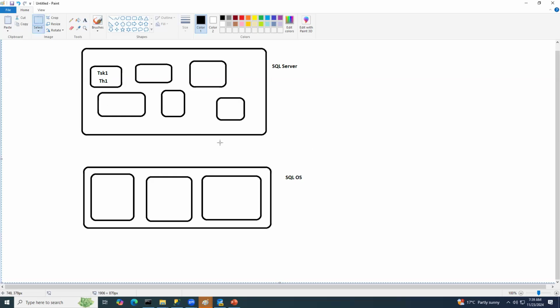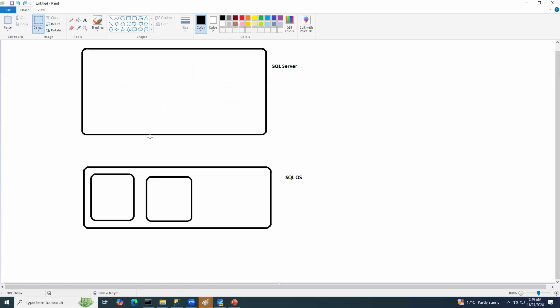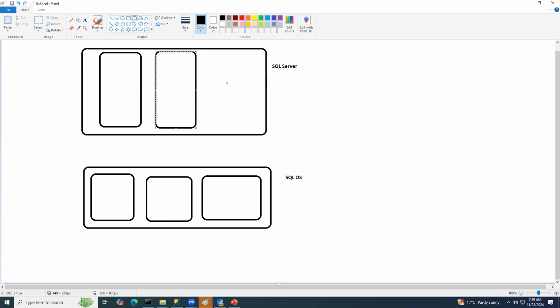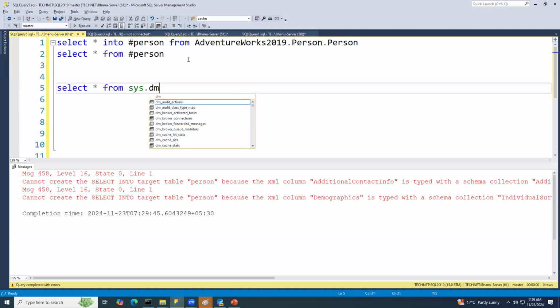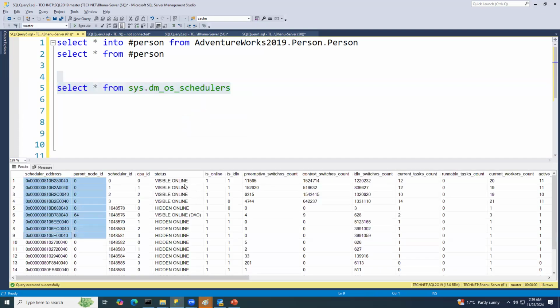Before that, in SQL Server we have something called a scheduler, sys.dm_os_schedulers. A scheduler is basically a one-to-one map with your CPU.